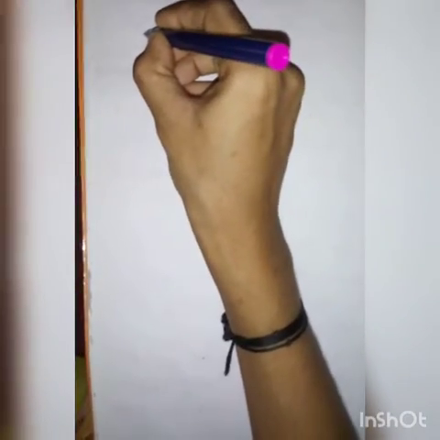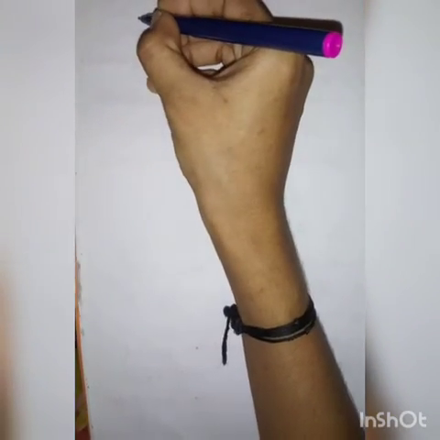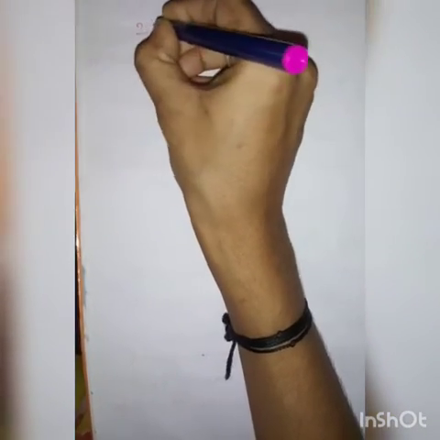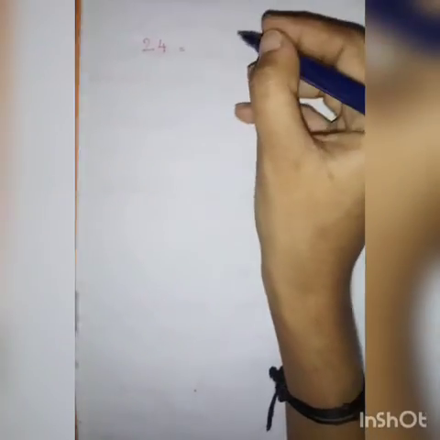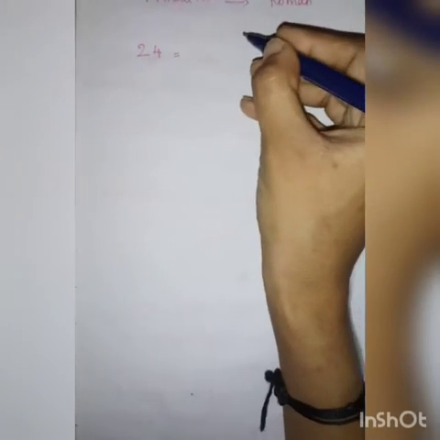So first, what are Hindu-Arabic numerals? We write numbers like 24, 25. I'll take one number, 24. After writing this number, you should split it according to the Roman numerals. So how will you write the splitting?